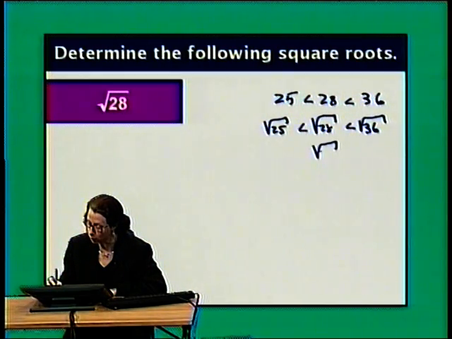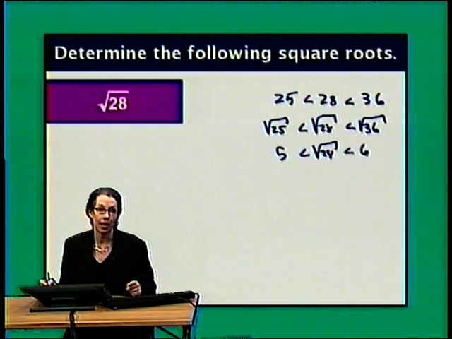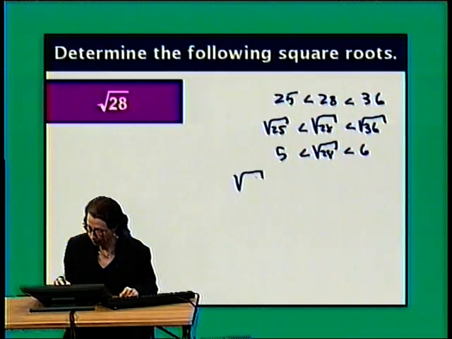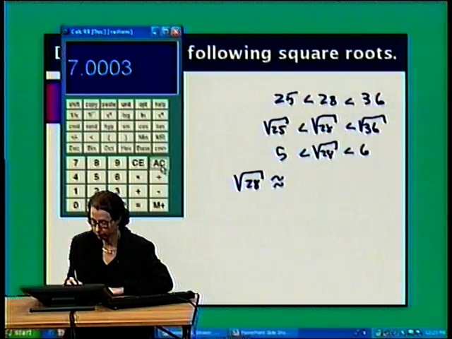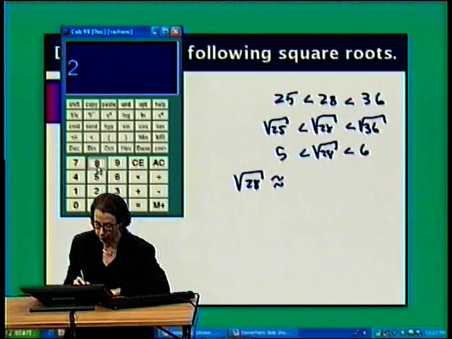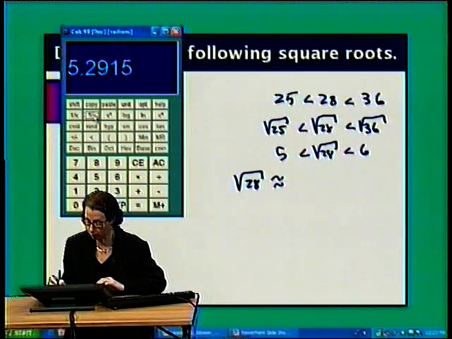So the square root of 28 is going to be between 5 and 6. I know that much about it. Let me get a decimal approximation using my calculator. So entering 28 and taking the square root, I get approximately 5.2915.